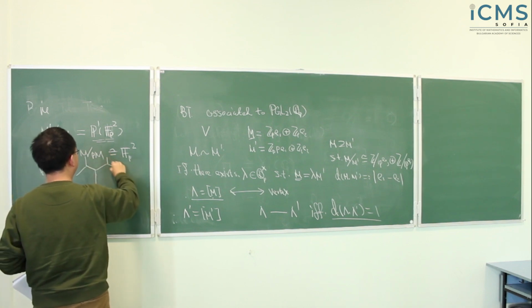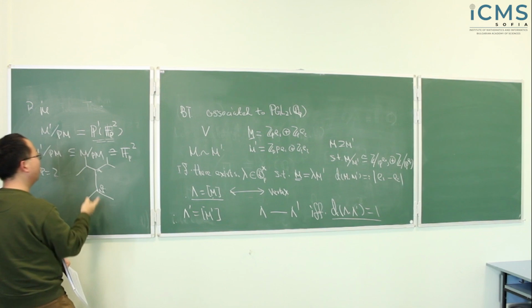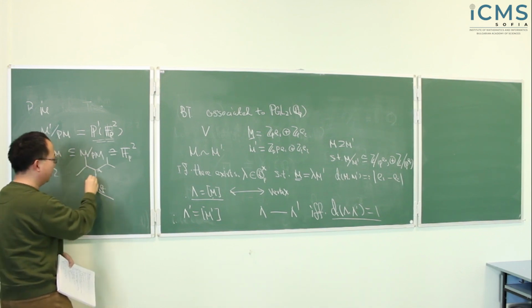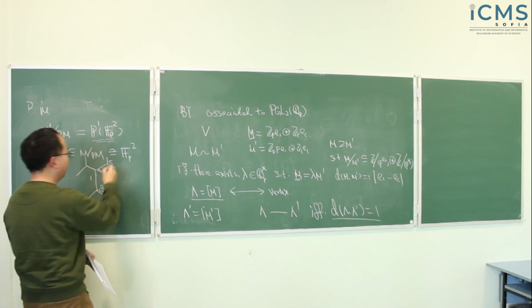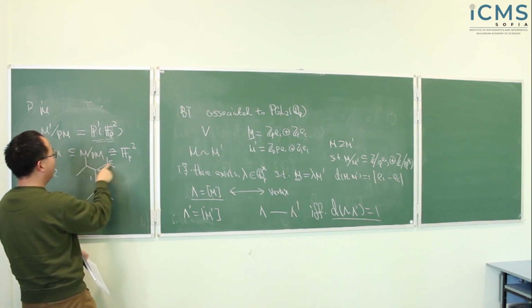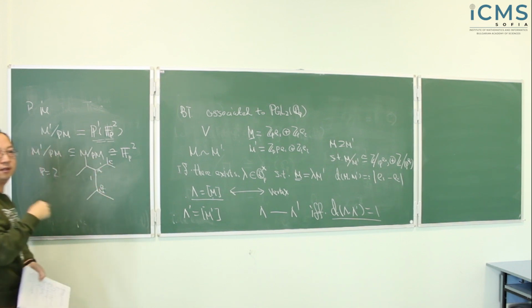So here, if you pick this point A and this point B, we say the distance between A and B is 1. And if you consider this point C, the distance between A and C is 1, so the distance between C and B is 2.